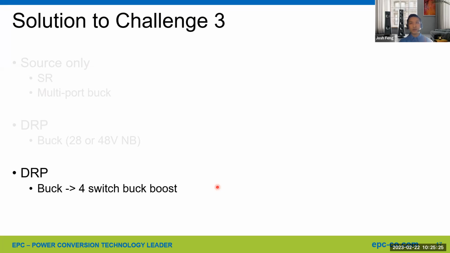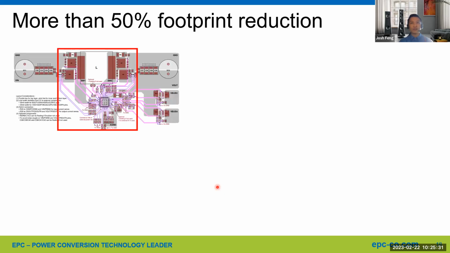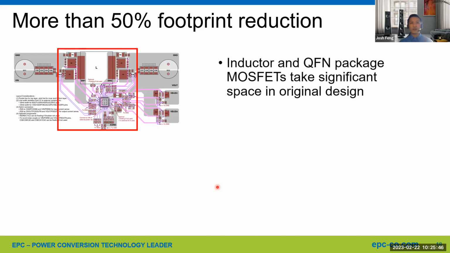And we have been working with, I would take one success story from one of the IC controller companies, that were able to reduce more than 50% of the footprint. In this particular case, it's a buck boost controller designed for power banks and docking stations, for instance. Their original design has an inductor of about 4.7 microhenry and a QFN package MOSFET.